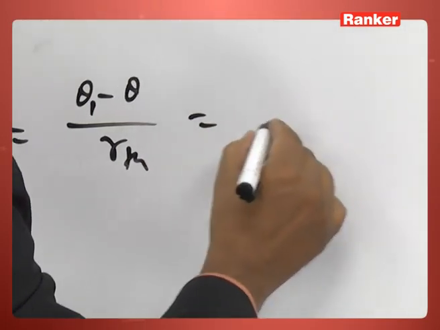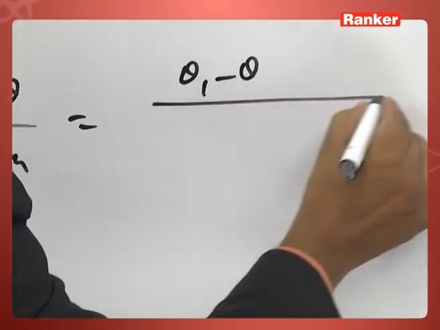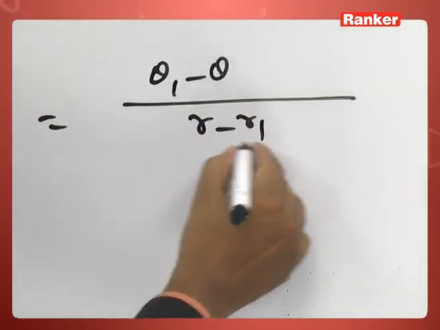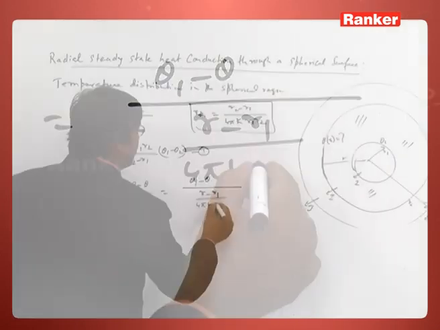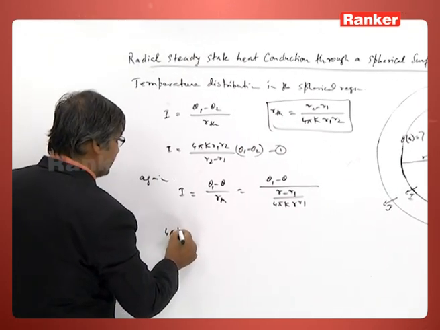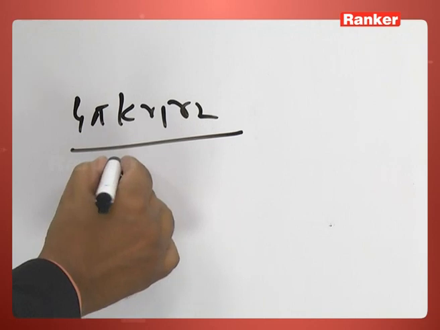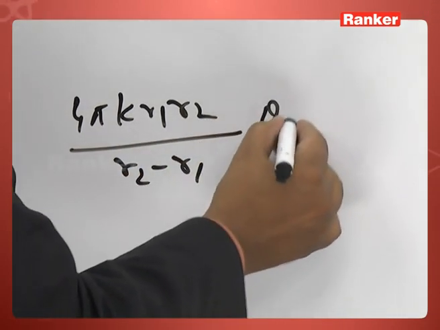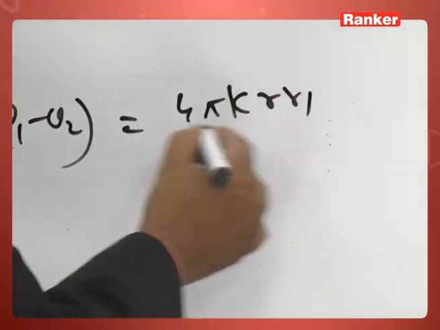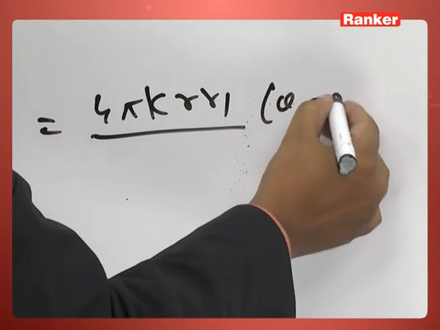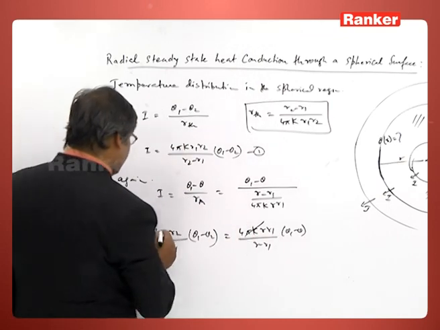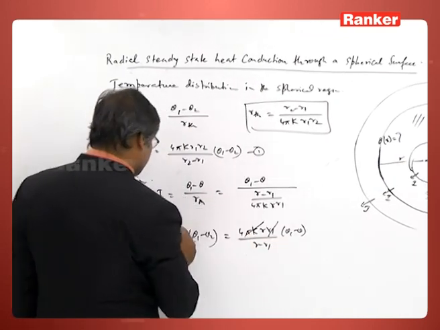That means R2 replaced by R: (R - R1)/(4πk R R1). So, the same I will be using. So, 4πk R1 R2 (θ1 - θ2)/(R2 - R1) is equal to 4πk R R1 (θ1 - θ)/(R - R1).